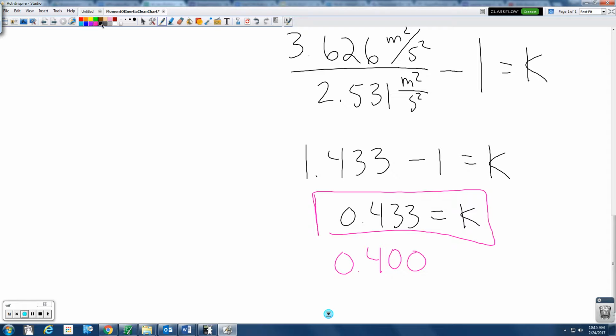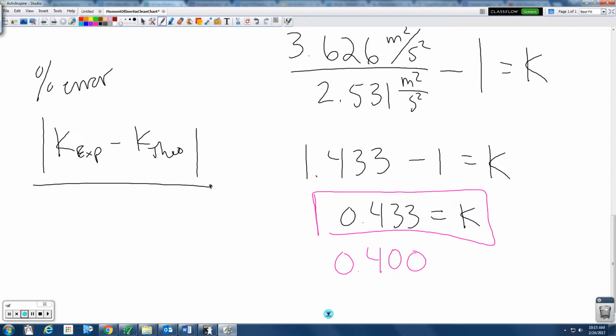So if I were to talk about percent error, I would take the difference. I have k experimental minus k theoretical. I take the absolute value of that divided by k theoretical, that's the standard, and then I multiply by 100 to get a percentage.